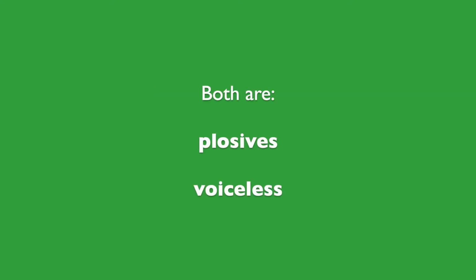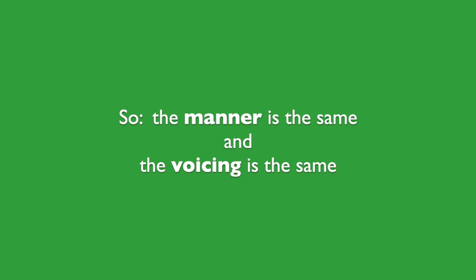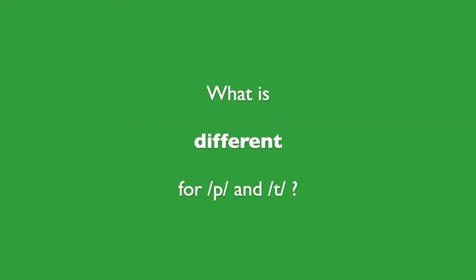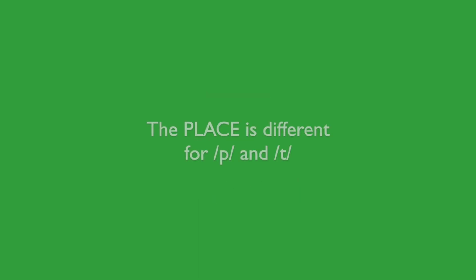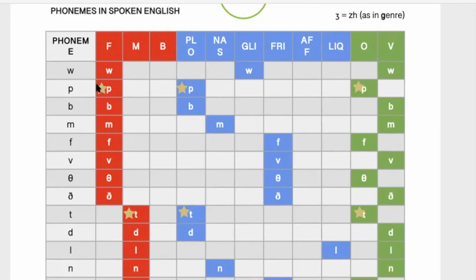They're both plosives, they're both voiceless. But what's different? The place. P is front, t is middle.